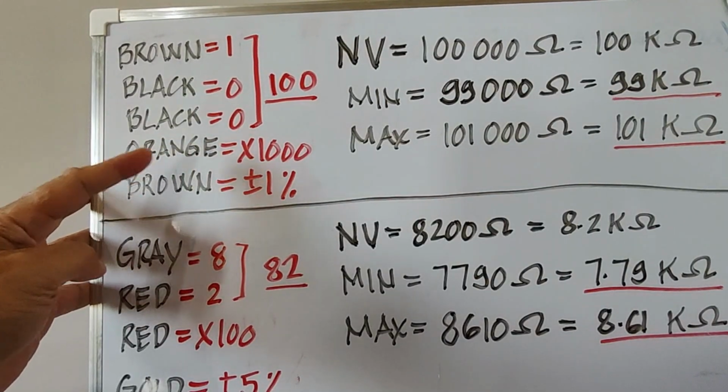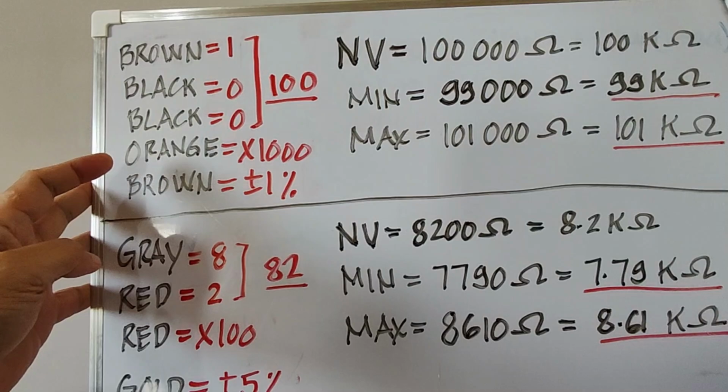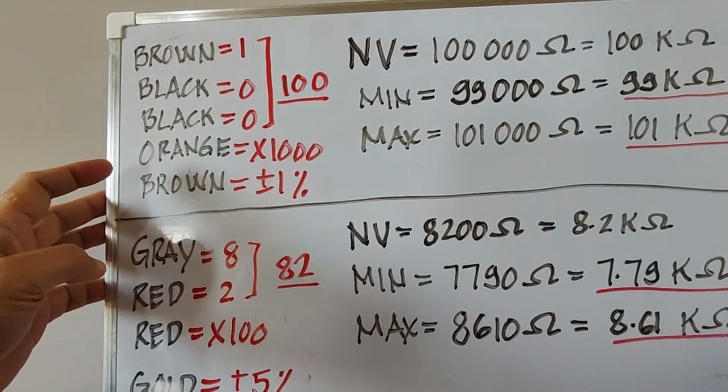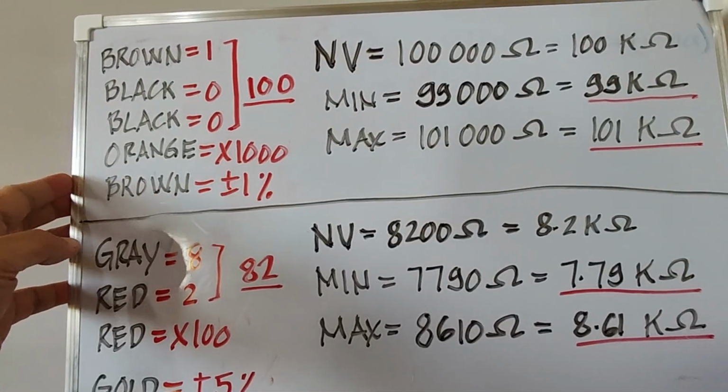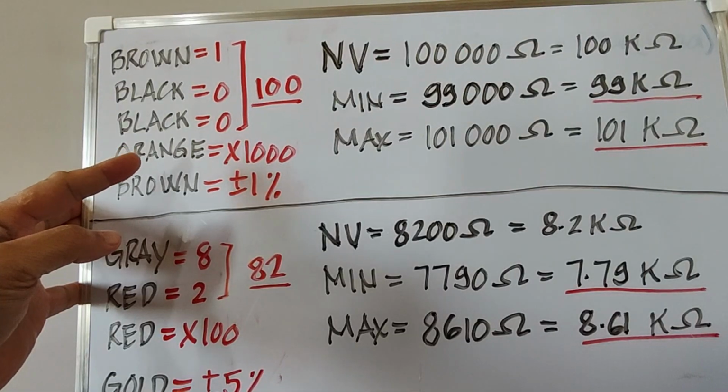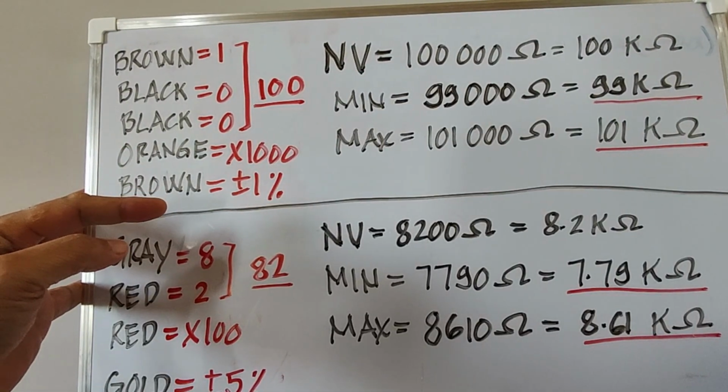So the first 3 digits will be 1, 0, 0. Orange being a multiplier of 1000 based on the table. So we multiply 100 by 1000, and we're going to get 100,000 ohms as the nominal value.